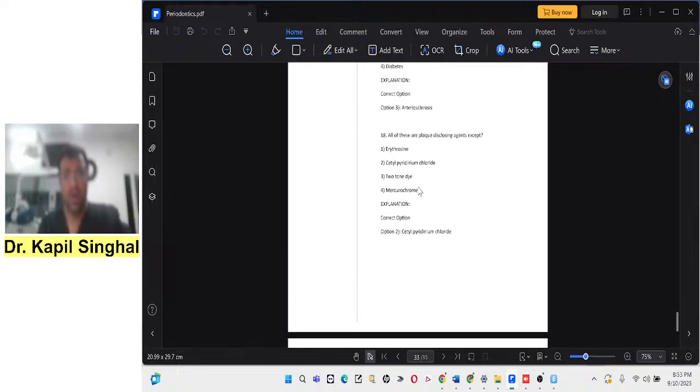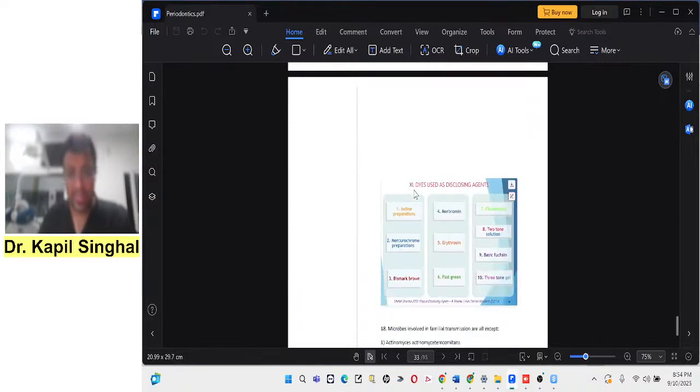Next question: all of these are plaque disclosing agents except. Now, what are plaque disclosing agents? Please remember this table. Plaque disclosing agents are iodine preparations, mercurochrome preparations, Bismarck brown, merbromin, erythrosine, fast green, fluorescein, two-tone solution, basic fuchsin, and three-tone gel.